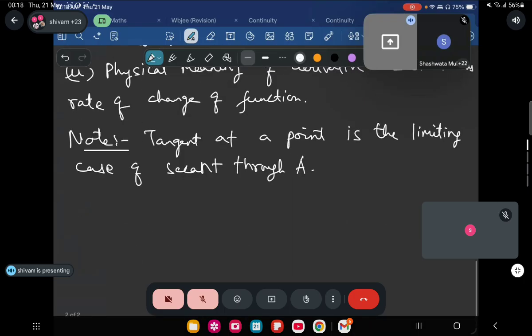How? Everyone pay attention. Okay, see, this is the curve.